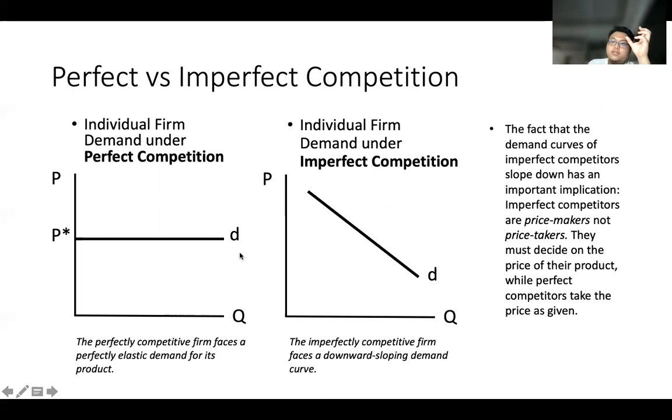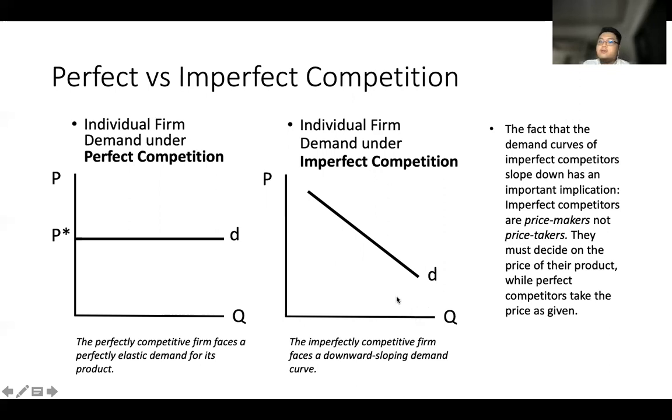If prices change slightly, quantity will respond more, right? Perfectly elastic. Here, for imperfect competition, the imperfectly competitive firm faces a downward sloping demand curve.